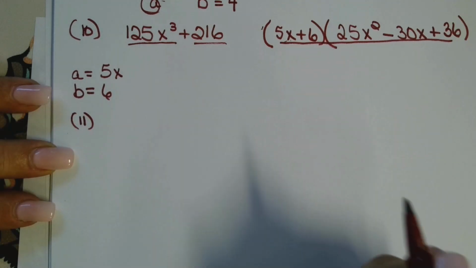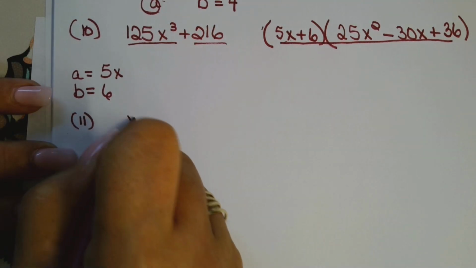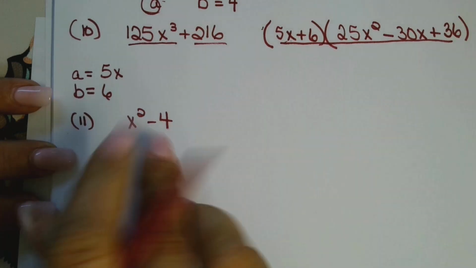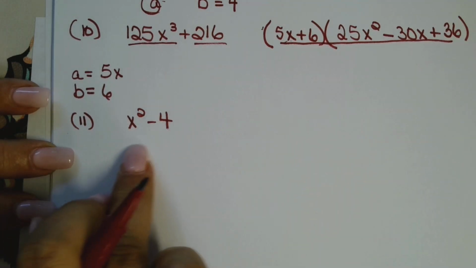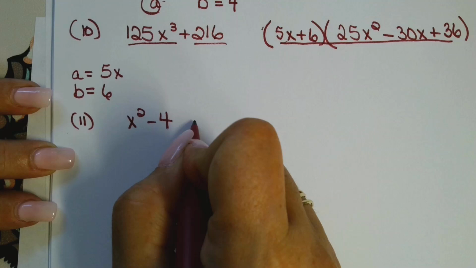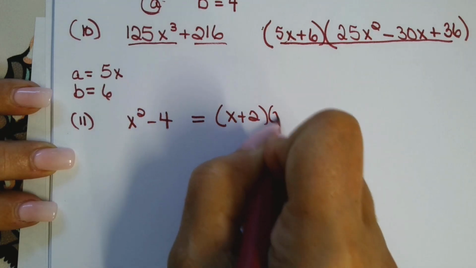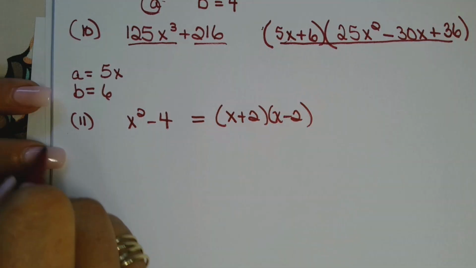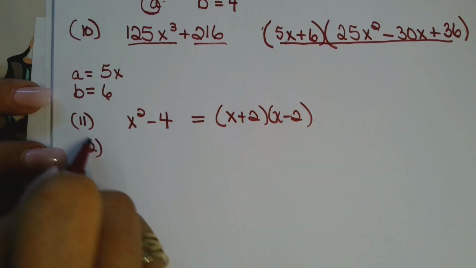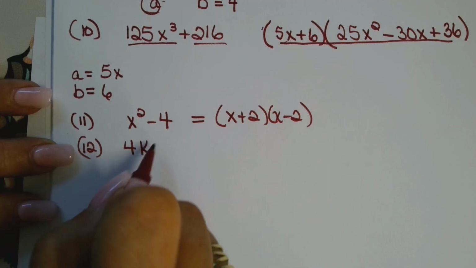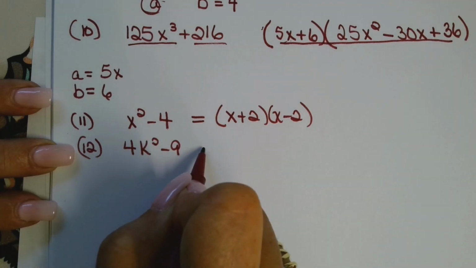All right. Number 11. Here we have x squared minus 4. Well, this is obviously not a cube. This happens to be the difference of perfect squares. And that one we know is x plus 2, x minus 2. Really easy. Number 12. We have 4k squared minus 9.